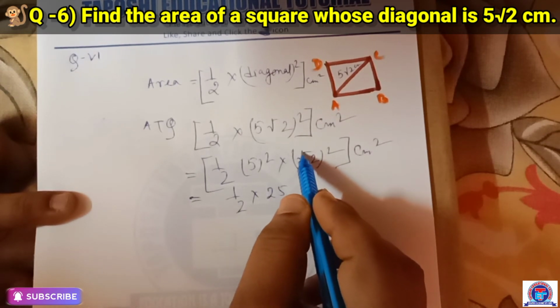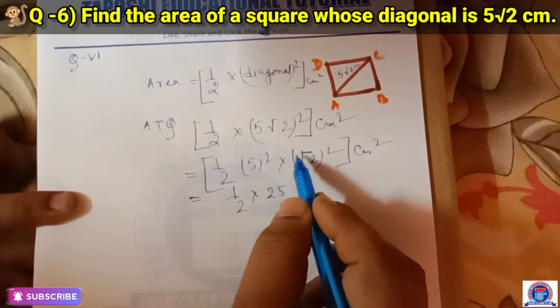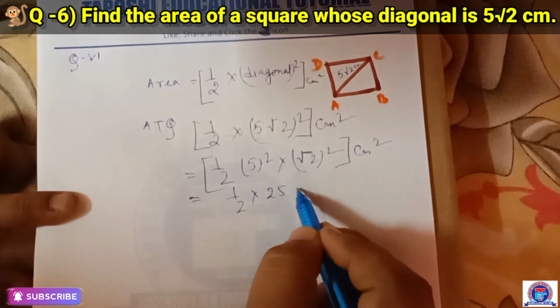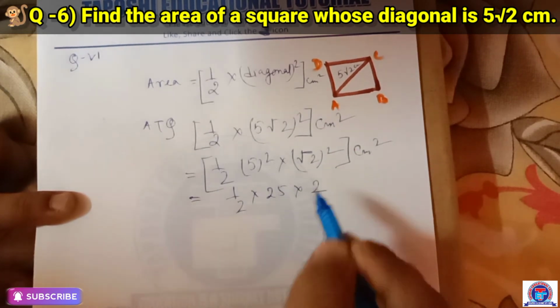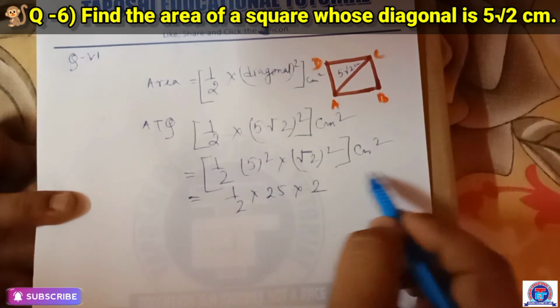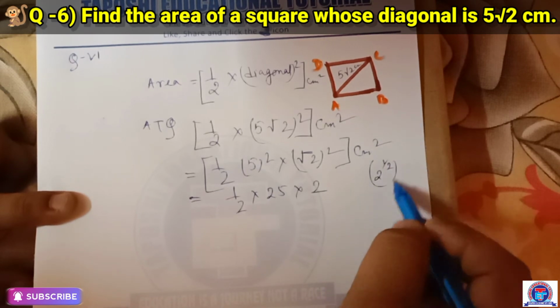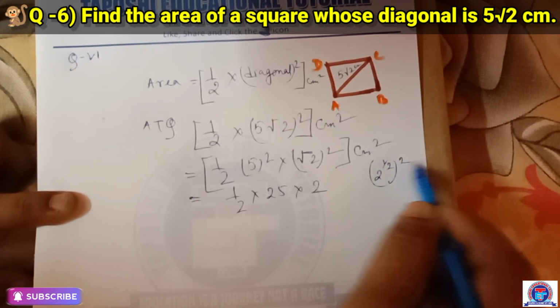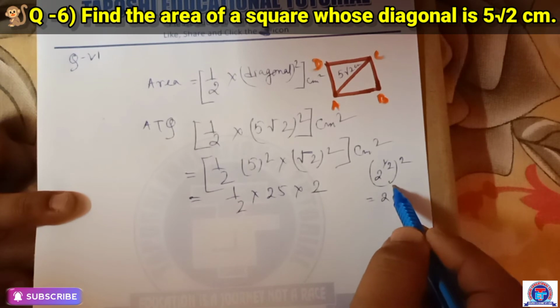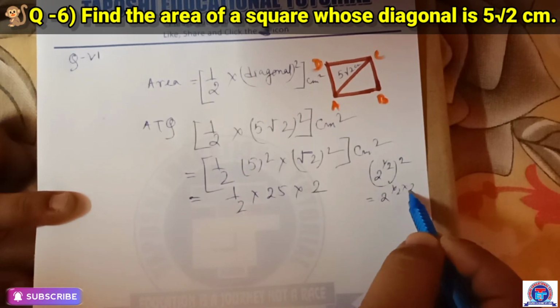When we remove the square root of the square, it will become 2. That means square root of 2 means 2 power half. Now a whole to the power 2 means 2 power half into 2.